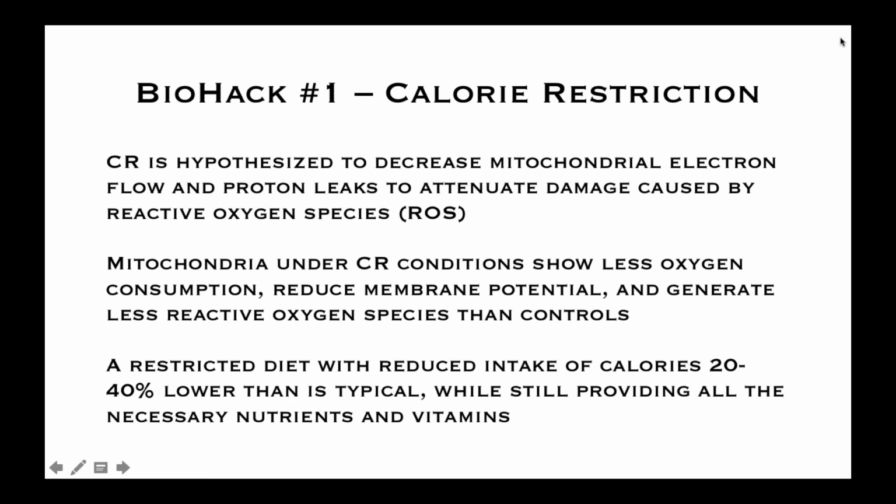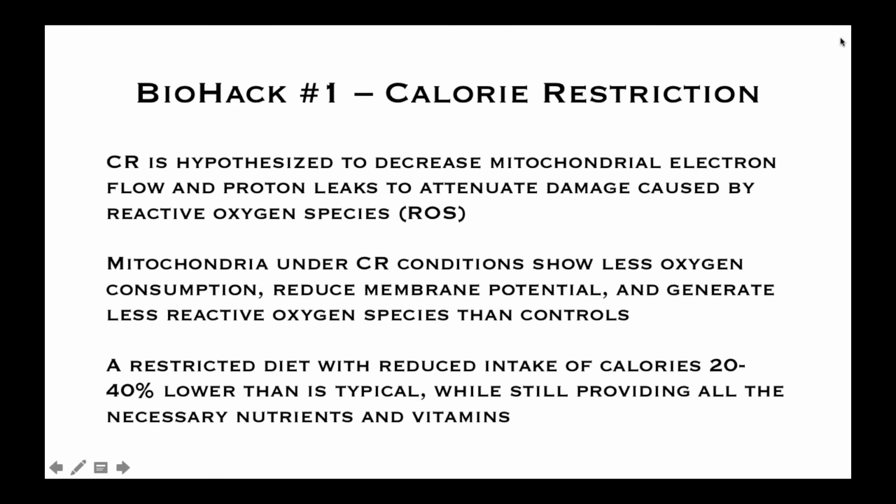Outside of antioxidants, you can decrease your total mitochondrial activity, which is going to decrease your oxidative stress levels, through our biohack number 1, which is calorie restriction. If you were going to implement this with yourself or with your clients, you're essentially decreasing your total calorie intake by 20 to 40%.